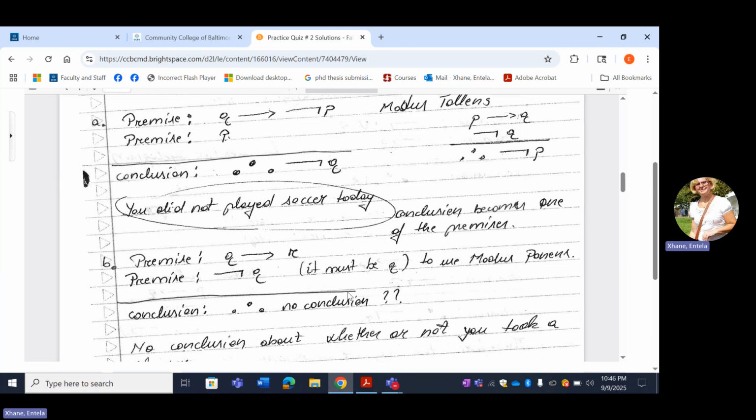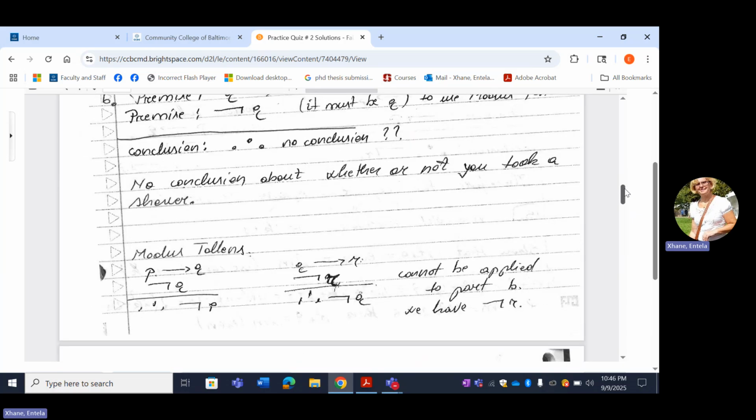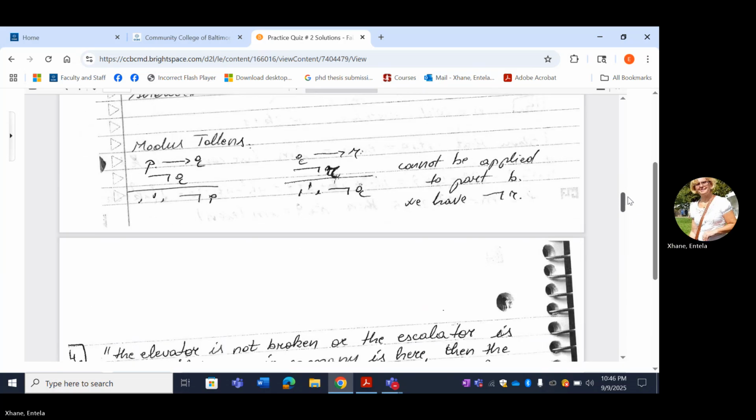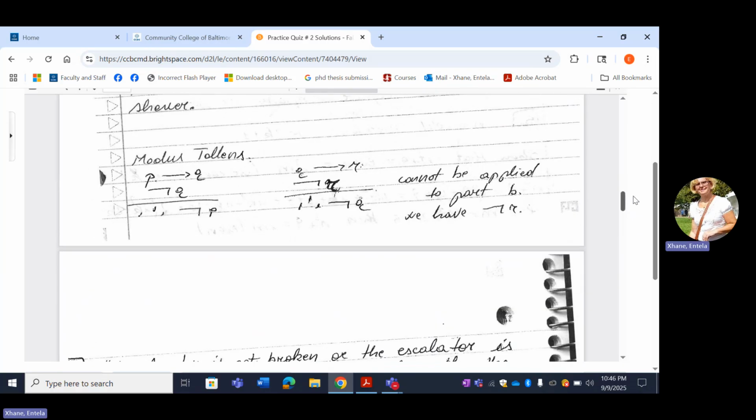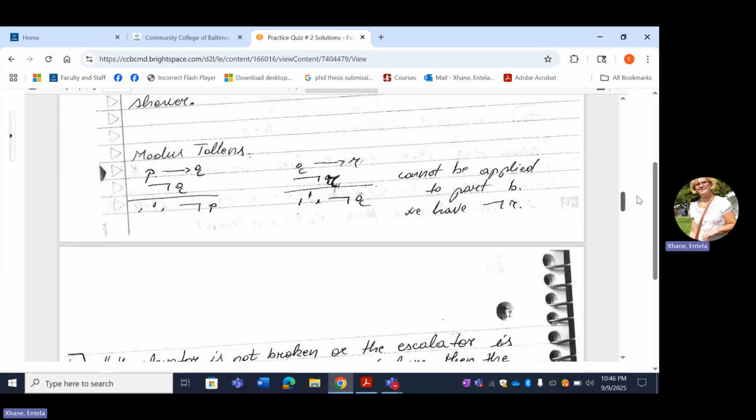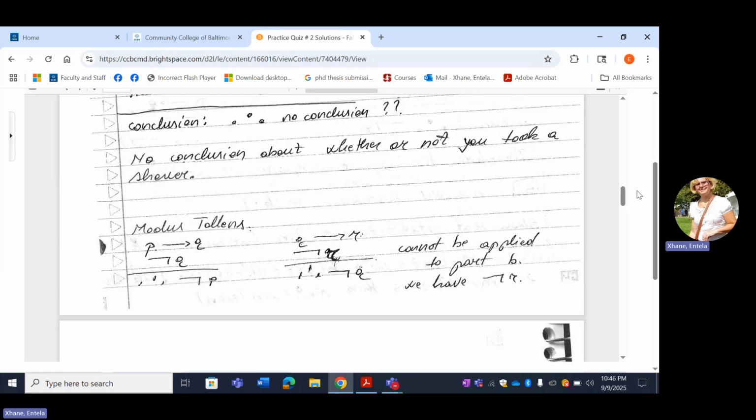Obviously, it's not. So therefore, we're not going to be able to reach a conclusion. So we're not going to be able to say anything about whether or not you took a shower today. Here is the modus ponens that allows us to reach the conclusion, which is not the case for part B.